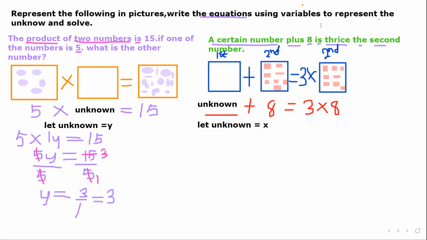Good. Now, so we have 1x, which is the certain number here, plus 8 is equal to 3 times 8, and 3 times 8 is what? 24, right? It's 24, okay?